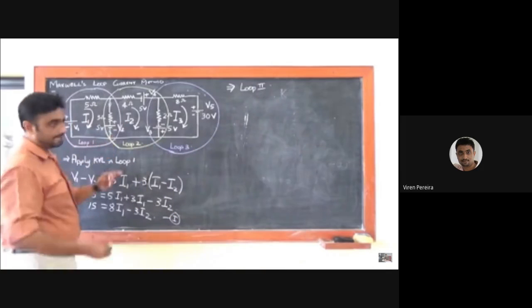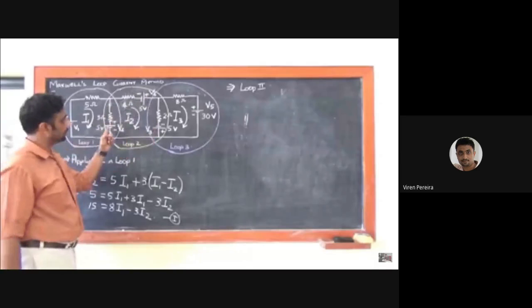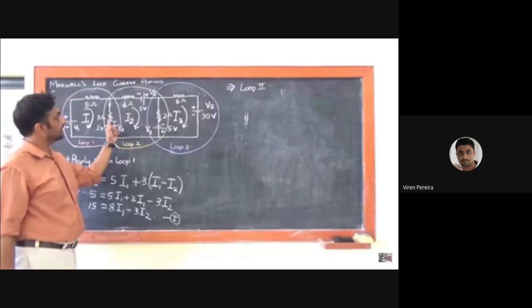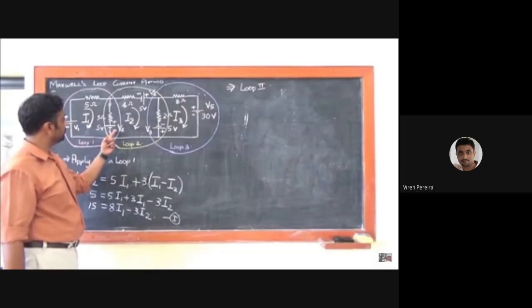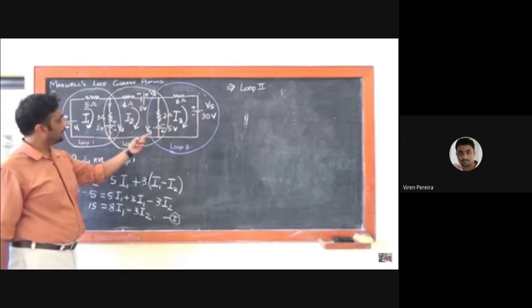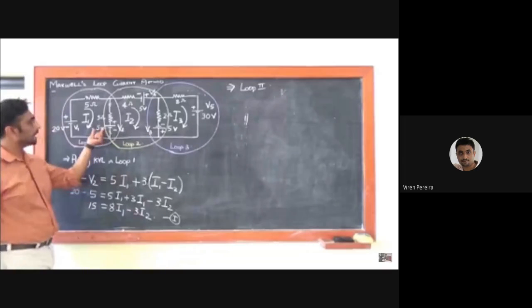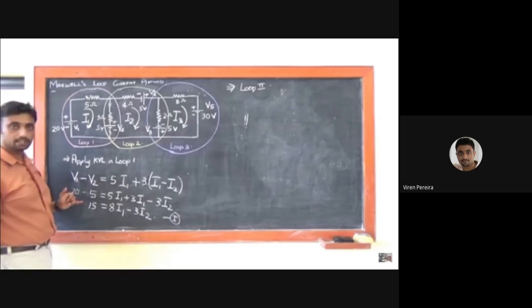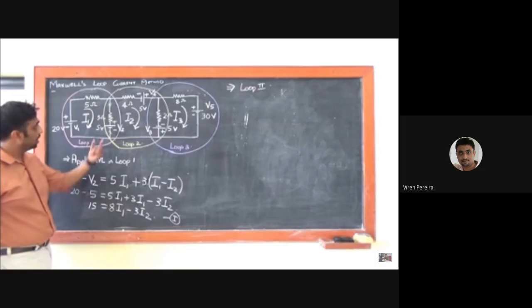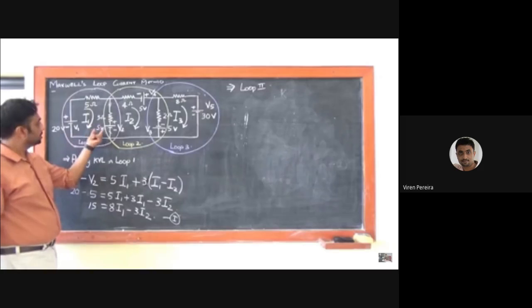So in loop 2, again as I told you, first find the voltage sources and equate them to the voltage drops. So how many voltage sources we have? We have V2, we have V4, and we have V3. From now I am going to directly take the magnitudes of the voltages. I am not going to be representing them as V1 and V2 because that's already understood by now.